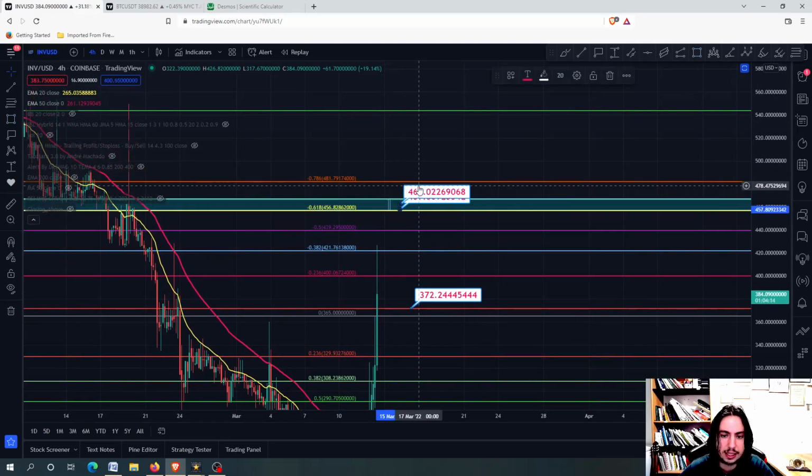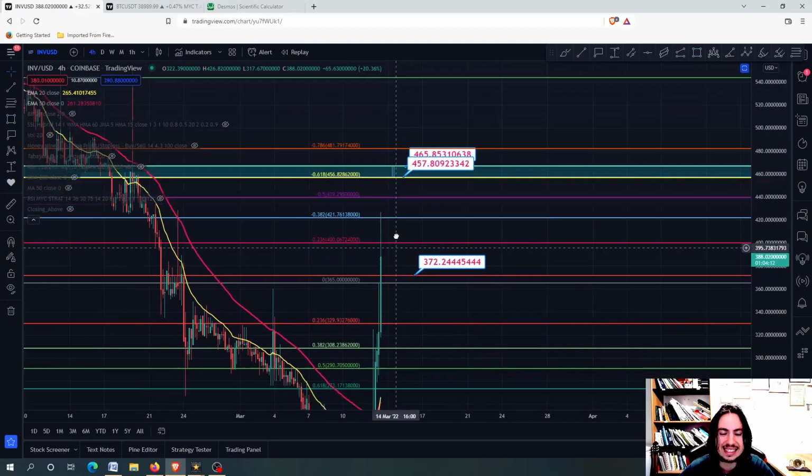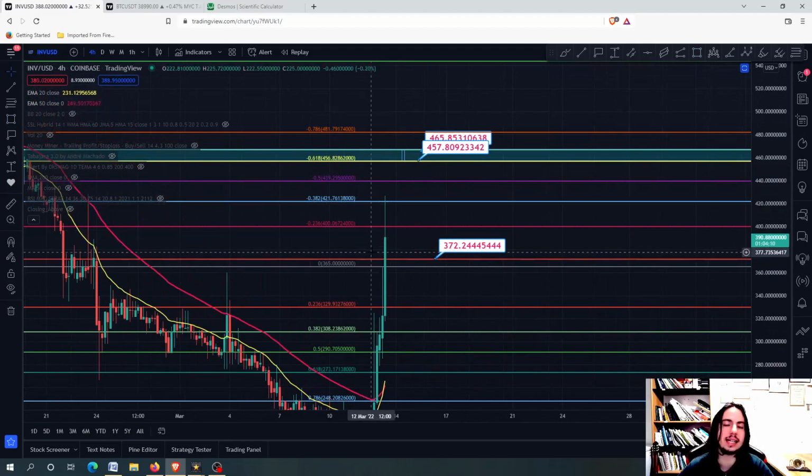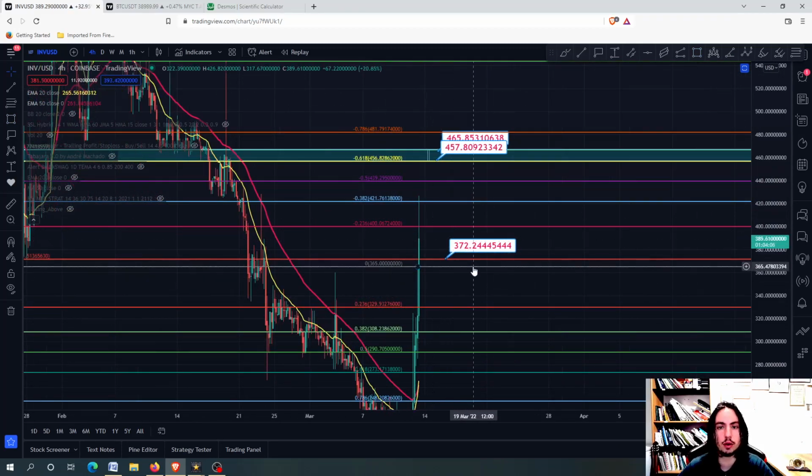But I want you to be careful because you might get trapped into a price action where afterwards we will be going down, and therefore if you do not put a stop loss, you will end up losing your money. That's right. What you need to avoid in this kind of situation and in this kind of price pump is that you always want to put a stop loss.